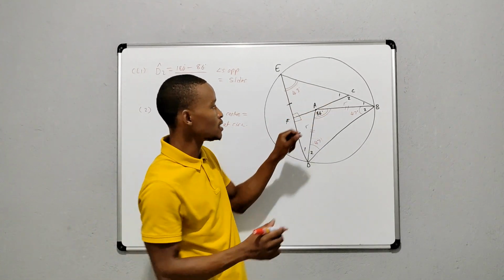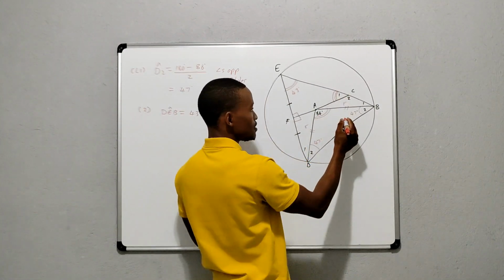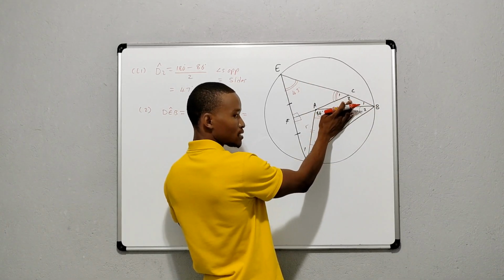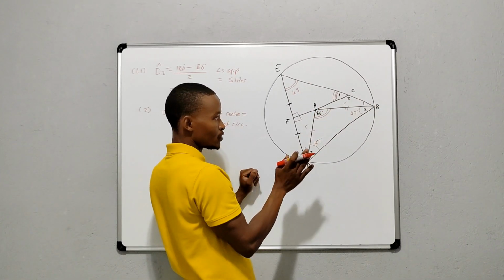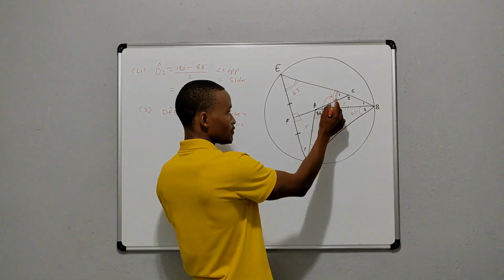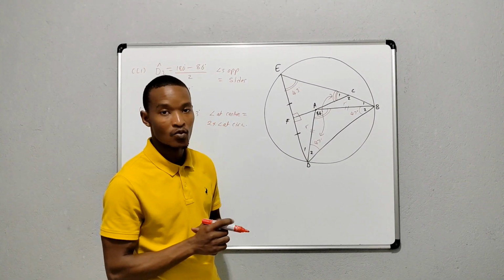We can work out C, and whatever C is becomes the exterior angle of this cyclic quad that we will prove in a moment, and we can associate it to that angle. If that is 47, it would mean that definitely we have a cyclic quad there.